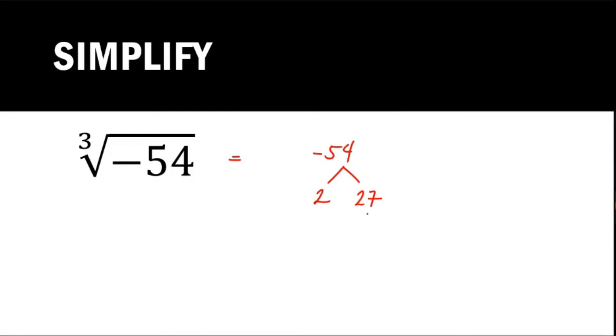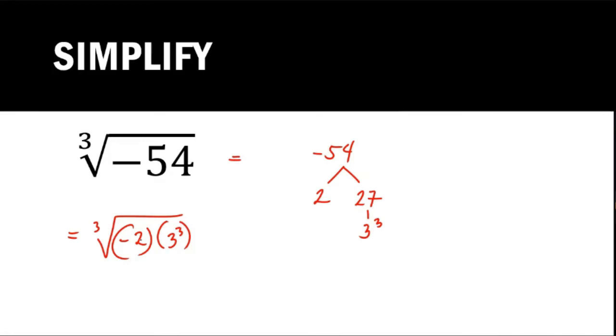And 27 is the same as 3 raised to 3. Okay, so now we can have the cube root of negative 2 times 3 raised to 3.